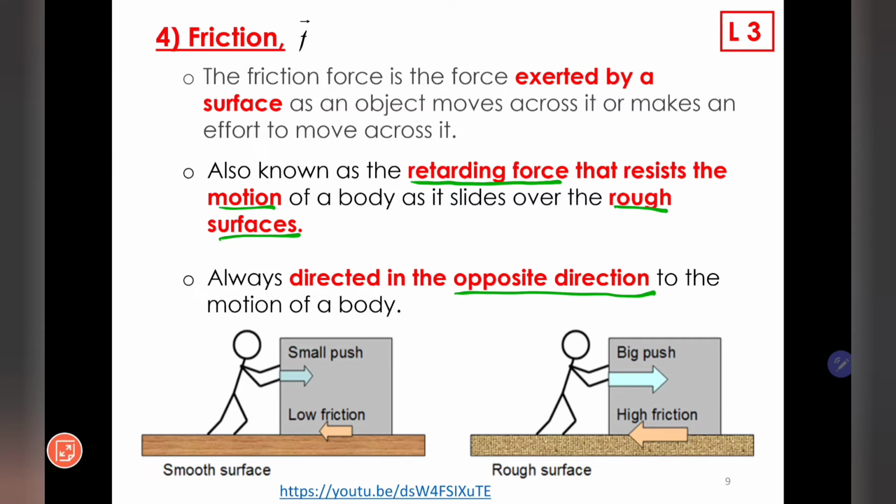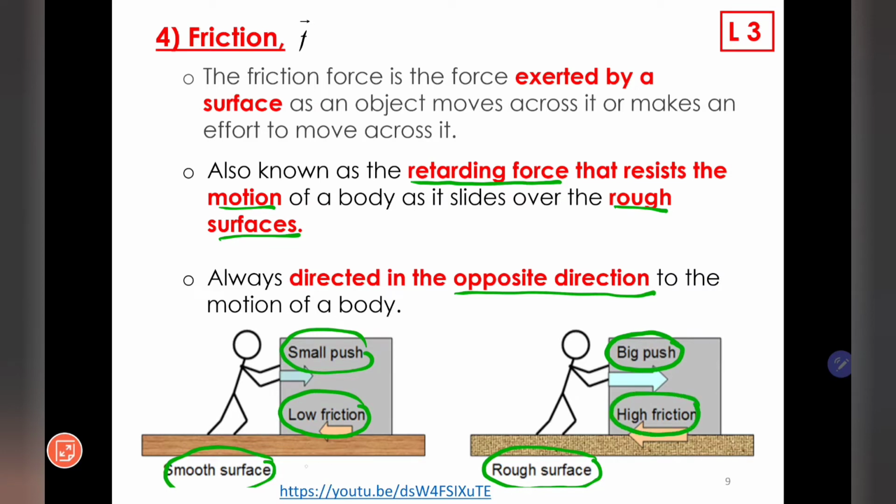And then please refer to the diagram given now. Let's say by having a smooth surface, by giving a small push or little force here, what happened? The friction is also smaller here. And then on the rough surface, more force is needed to move an object, isn't it? So a big push needed here means that the force needed should be greater, as the friction is higher.